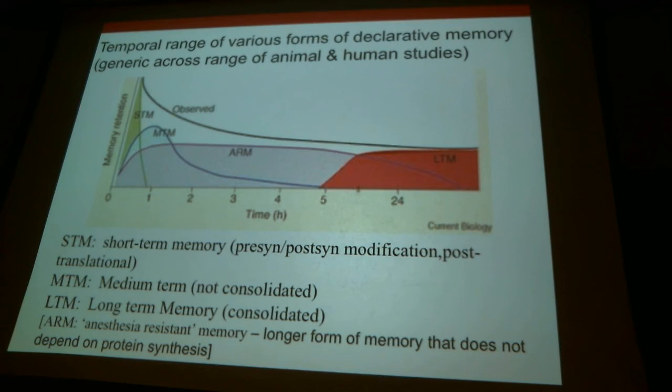But it's labeled ARM, A-R-M, as anesthesia-resistant memory. If you've ever gone under general anesthesia, the last thing you remember is usually before the prep. You don't usually remember the operating room. We're talking about just before you went under. So there are some memories that are wiped out by anesthesia, and everything before that is considered anesthesia-resistant memory.